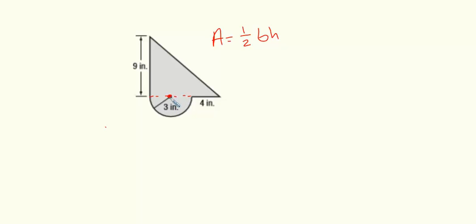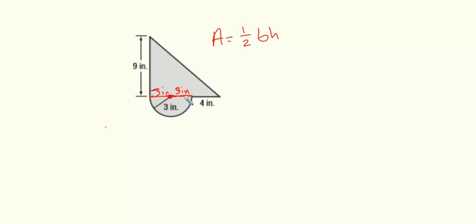So from the center of the circle to any point on the circle is 3 inches. That means I have 3 inches on this side of the radius, and another 3 inches from the center to the edge over here. So that means I have a diameter of 6 inches.